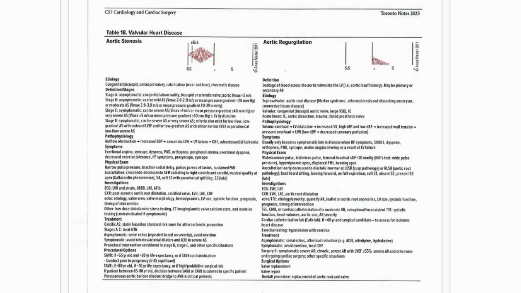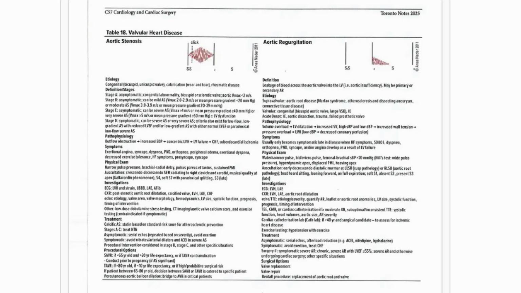Chest X-ray may show post-stenotic dilation of the ascending aorta, calcified valve, cardiomegaly, or heart failure. The gold standard investigation is transthoracic echocardiography, which evaluates valve morphology, valve area, pressure gradients, left ventricular function, disease severity, and timing of intervention.